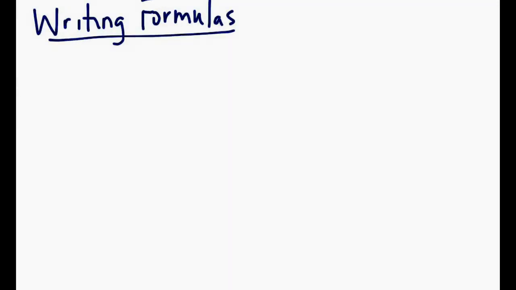There's two ways to figure out what the formula is for a simple binary ionic compound.